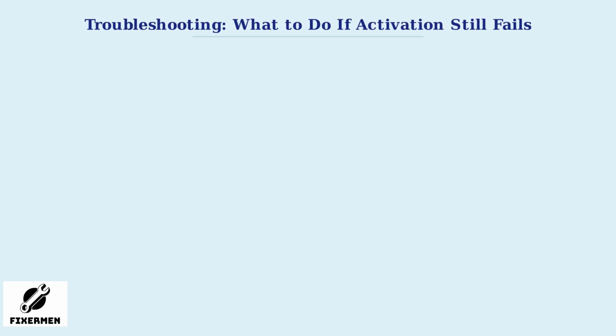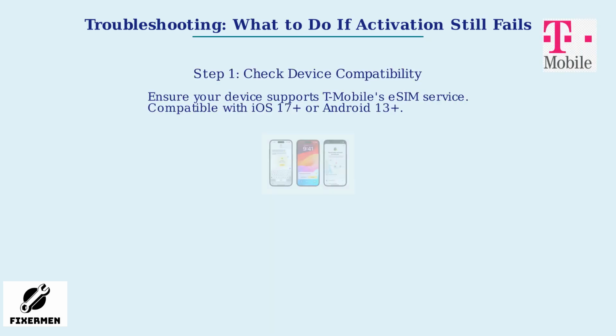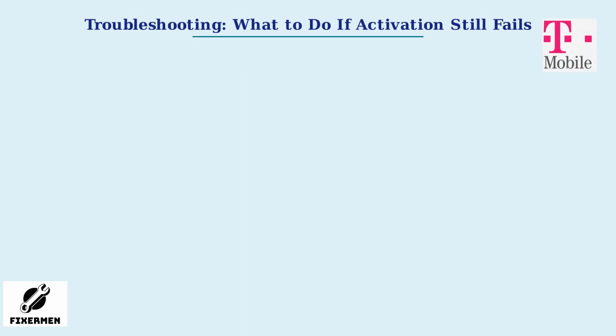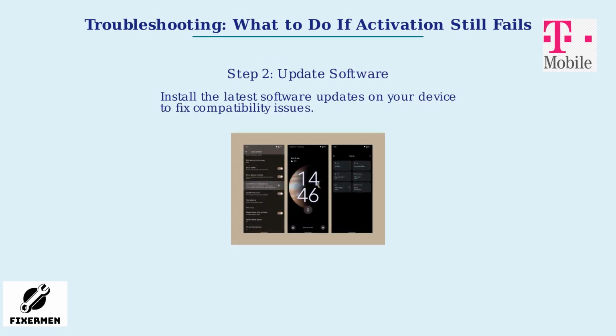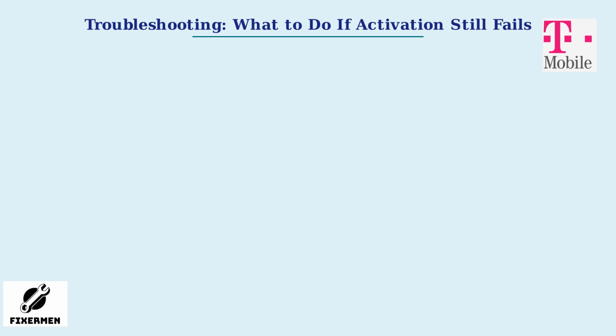Even with the 2026 fix, activation failures can still occur. First, ensure your device is compatible with T-Mobile's eSIM service and has the latest software updates, such as iOS 17 or Android 13 and higher. Next, check that your device has the latest software updates to resolve any compatibility issues with the eSIM service.